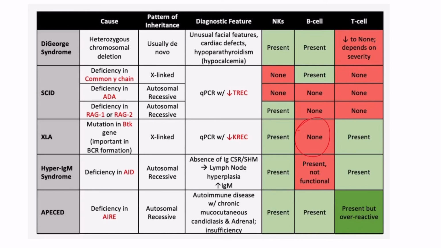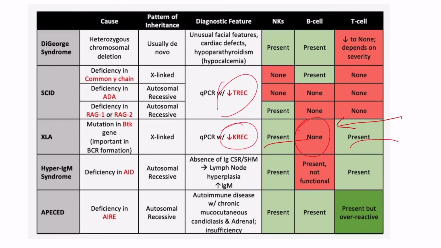Obviously, if they give you a flow cytometry, you'd be able to point out that you have no B cells, but you have T cells and natural killer cells present, right? Another thing that will help you distinguish between SCID and XLA is these things called TREC and CREC. If you have a deficiency in TREC, that means you have SCID. If you have a deficiency in CREC, that means you have XLA.